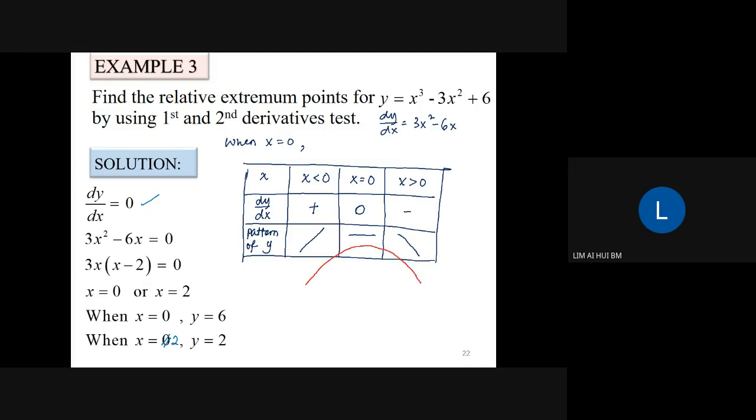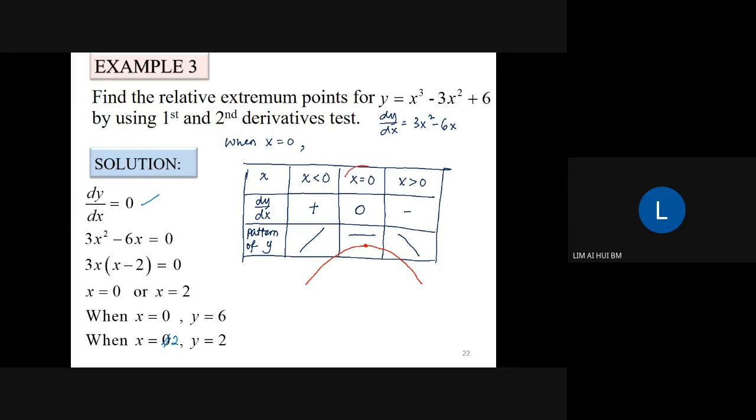I get something like that. So what do you think? Is the point x equals 0 a maximum or minimum, class? Relative maximum or relative minimum? Maximum. Relative maximum. From the pattern that you have here, we must consider all three. It is in a shape like that.